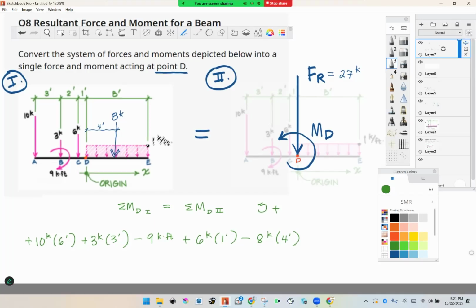Let's double check this because there are so many ways to mess this up. How many terms? 1, 2, 3, 4, 5. That looks good. Does every term have the right units? Force times distance: 10 times 6, 3 times 3, 9, 6 times 1, 8 times 4.